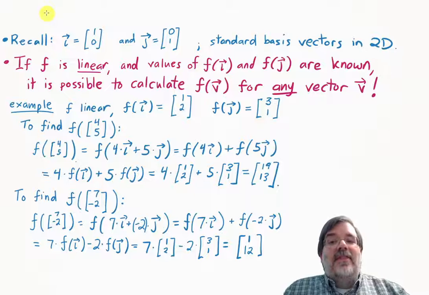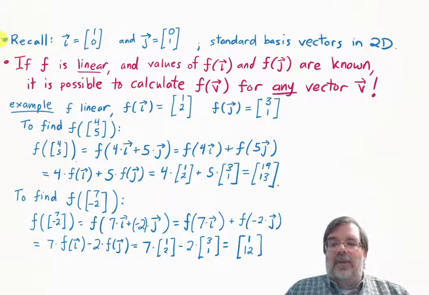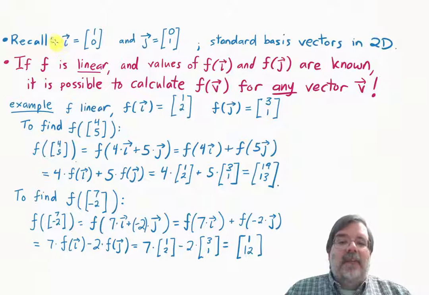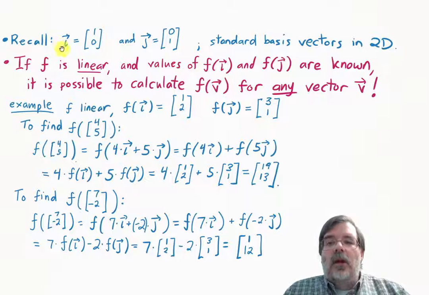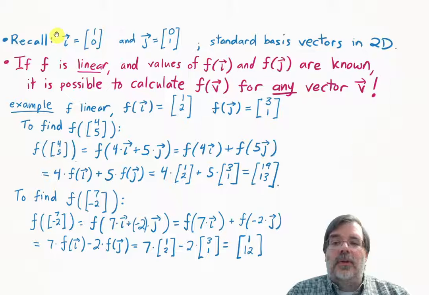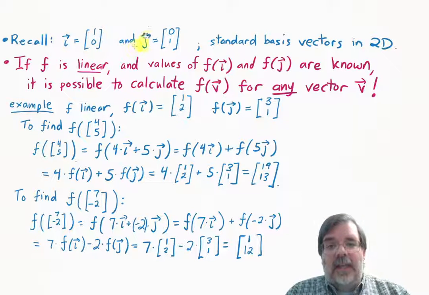One of the reasons this is really great is the following. So first, we have to remember the standard basis vectors in two-dimensional space, in 2D. We call these vectors i and j. So writing them using column notation, i is the vector (1, 0), and j is the vector (0, 1).